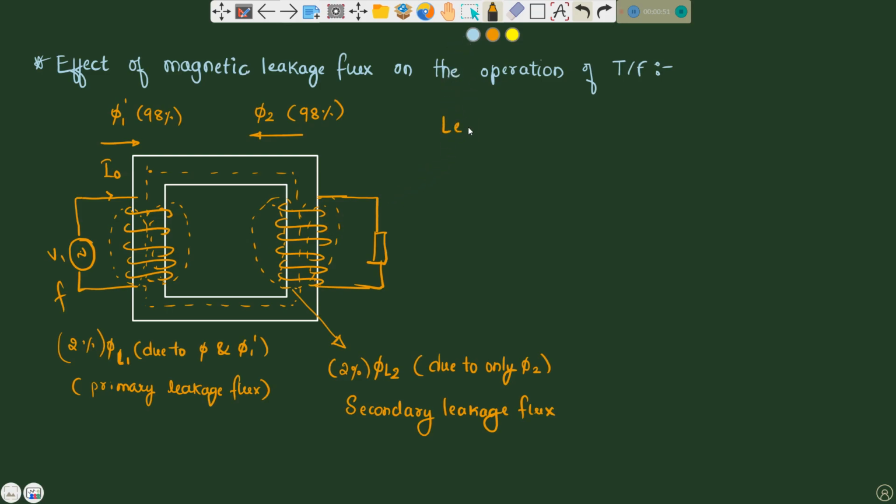So leakage flux is not having any role in power transferring from one circuit to another circuit.